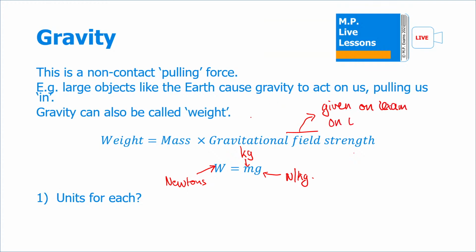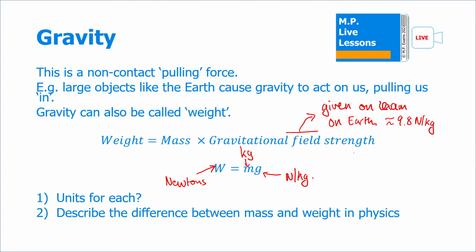On Earth, it's about 9.8 newtons per kilogram. So, for example, for every kilogram you weigh, gravity will act 9.8 newtons of force on you.